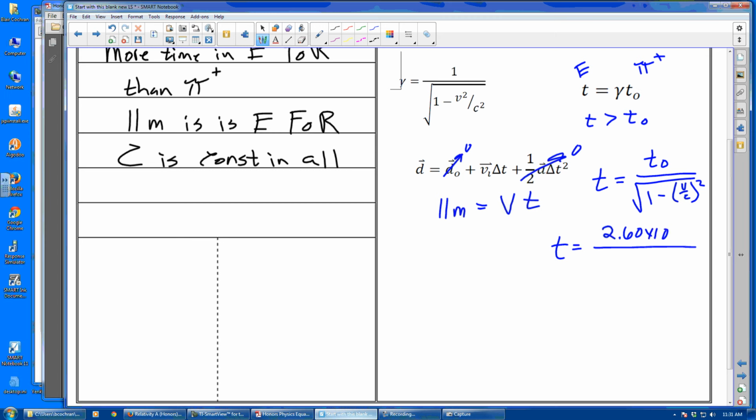times 10 to the minus 8 seconds over the square root of 1 minus v over c squared. And I'm going to substitute those two in together.